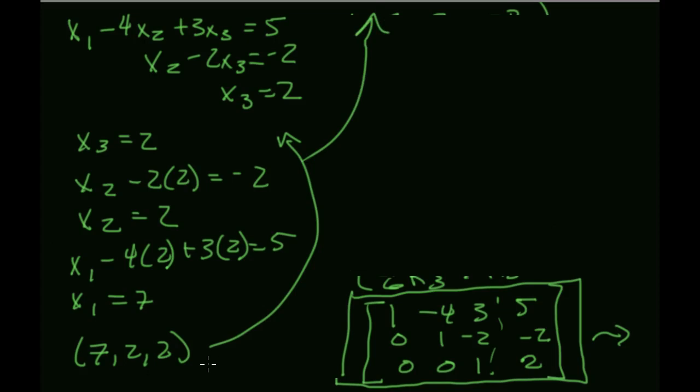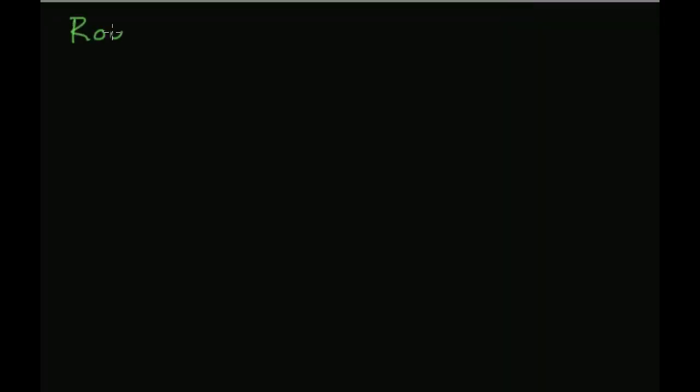Okay, so we're starting to speed up this system of equations process, but it's still a little bit slow. So let's do some defining here, and then we'll get into a little bit more about technique. We have now a row echelon form for matrices.